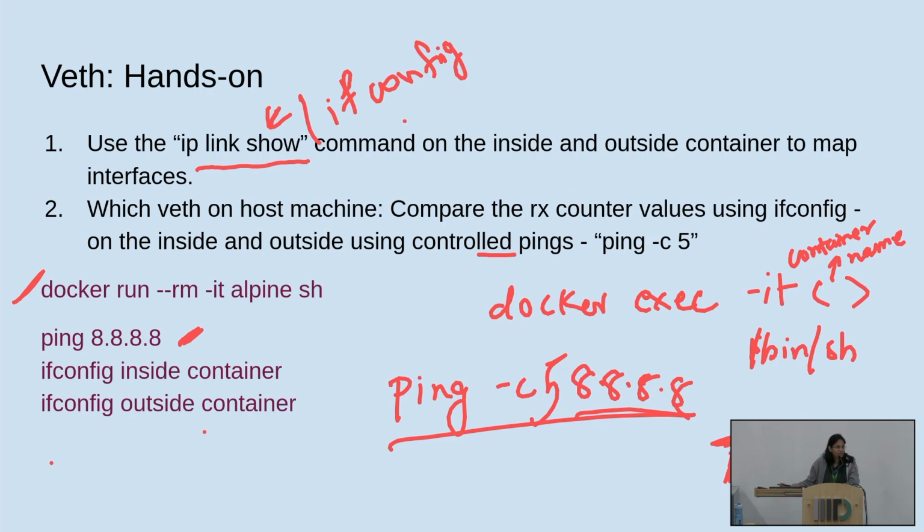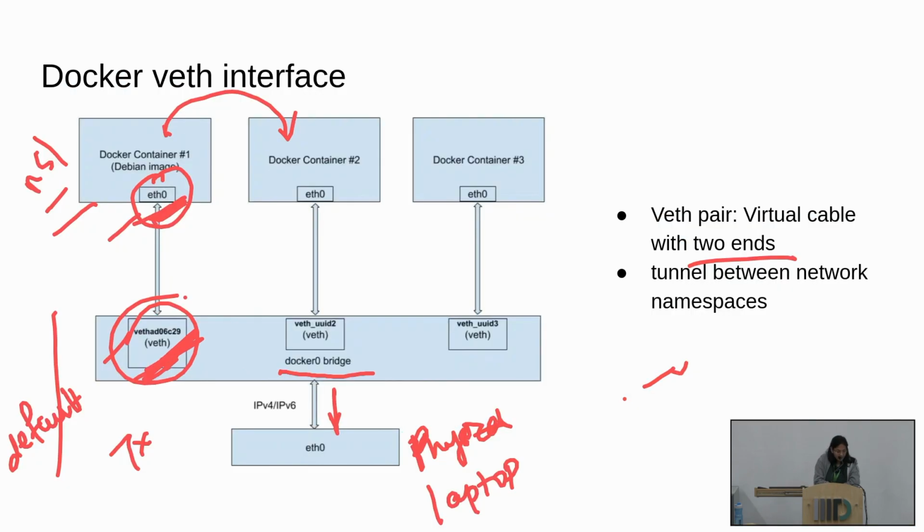Are they matching? This shows that whatever packets you sent out from your container are using this veth pair to access anything going out of the interface. So we see the veth pair in action on your local setup using the Docker bridge. Everyone with me here?